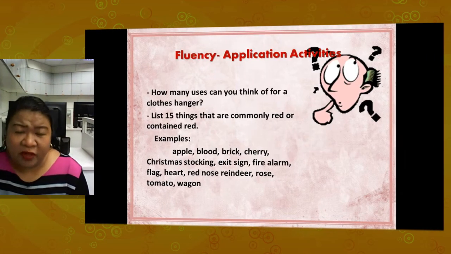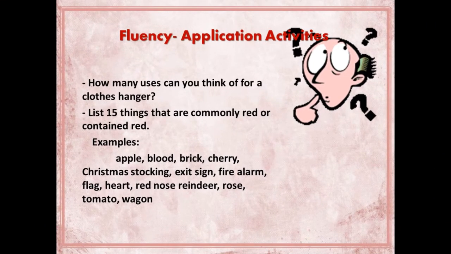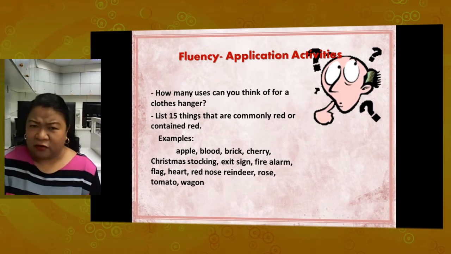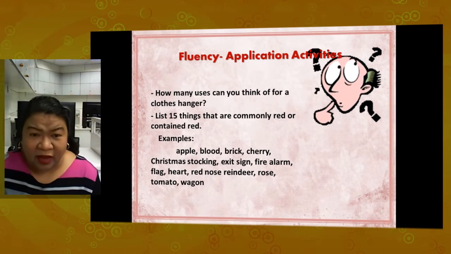For example, how many uses can you think of for a clothes hanger? Okay. So if you're given like 30 seconds, how many can you list down? What other uses can you think of for a hanger? Are you thinking right now?